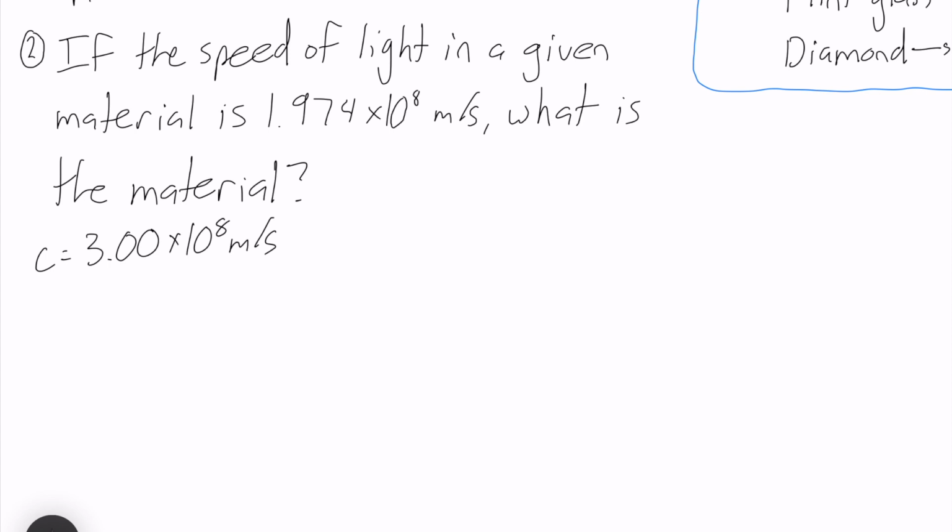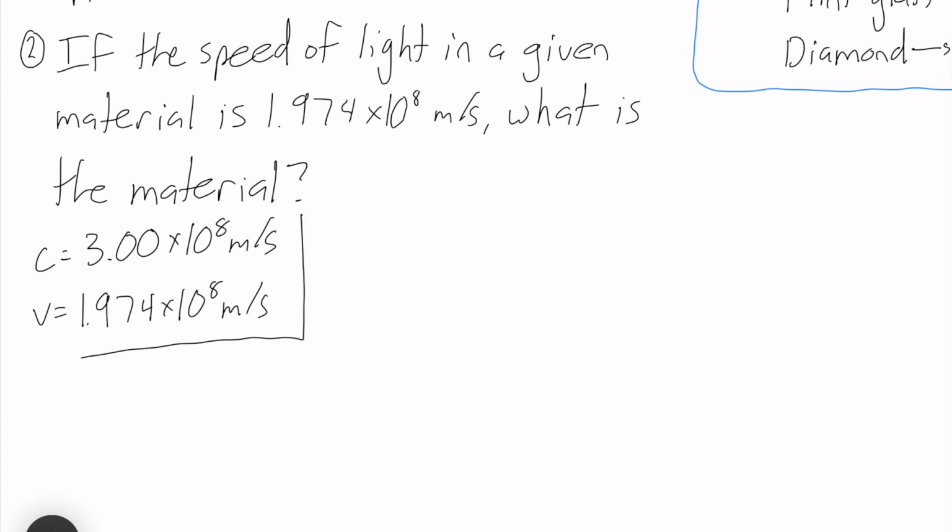And we're given something different in this question. Rather than the index of refraction, we're given the speed of light in a given material, which is 1.974 times 10 to the 8 meters per second.